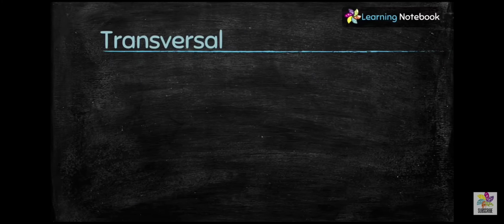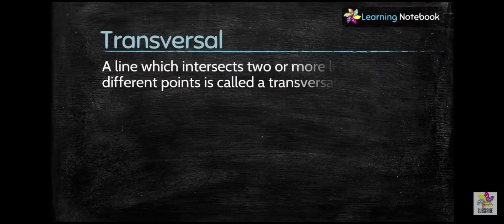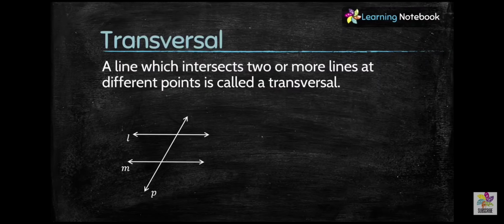So first, let's understand what a transversal is. A line which intersects two or more lines at different points is called a transversal. Like here, line P intersects lines L and M at two different points.